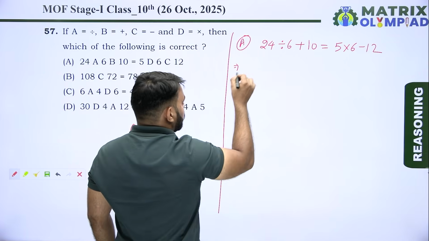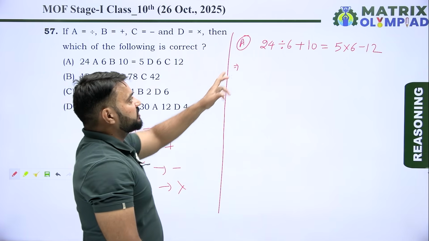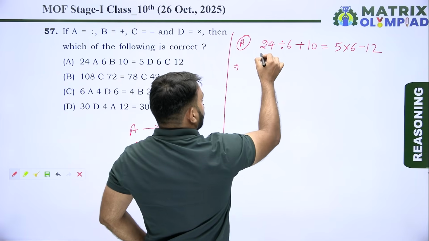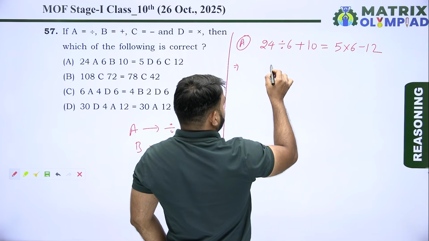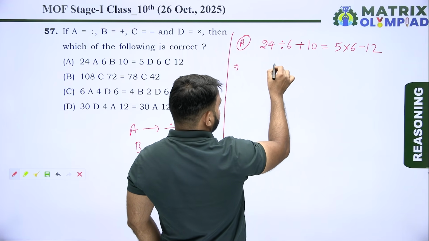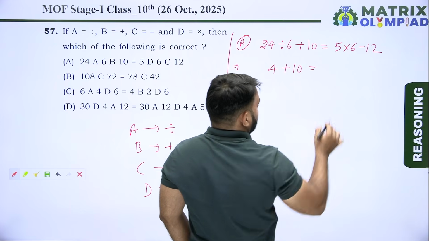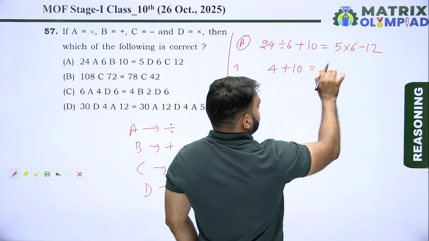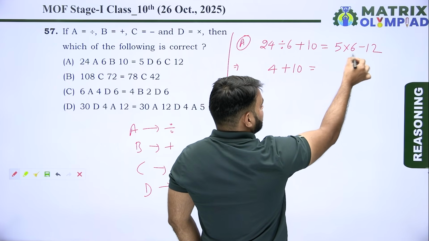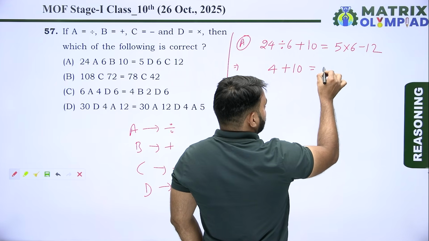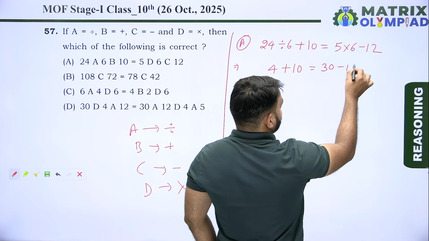So using BODMAS rule in this equation, first divide the numbers. So 24 divided by 6, it means 4 plus 10. Now multiply the numbers. So 5 into 6, it means 30 minus 12.